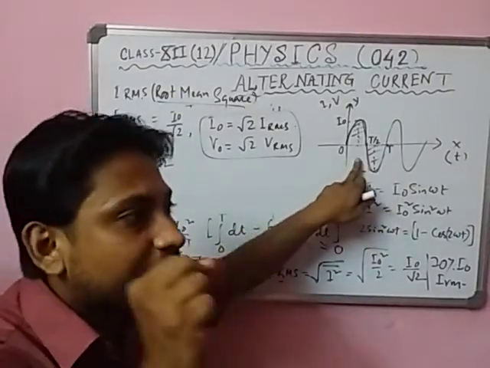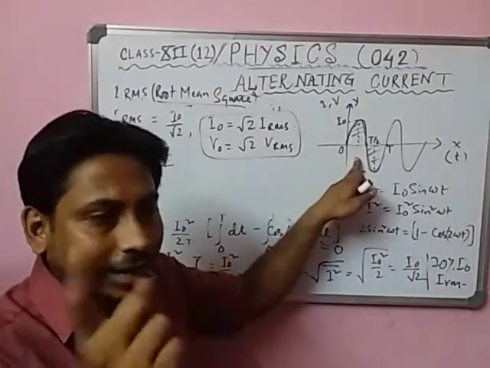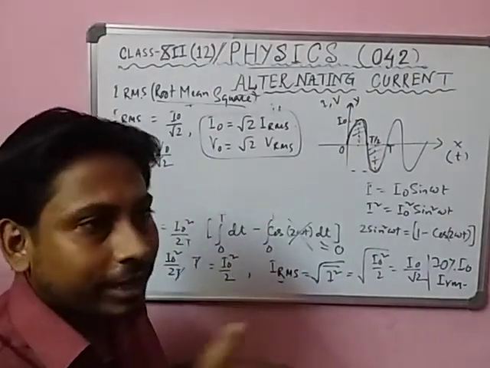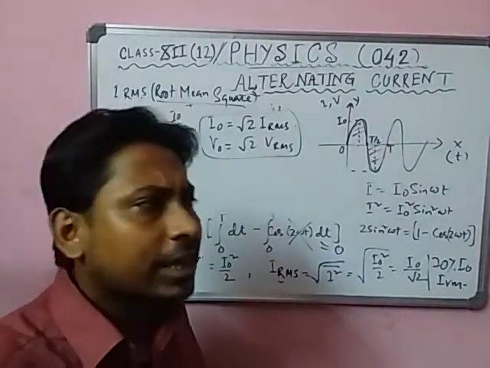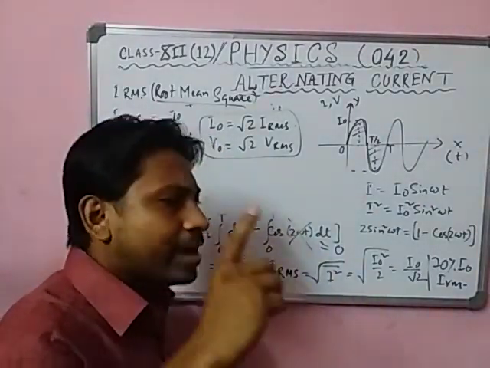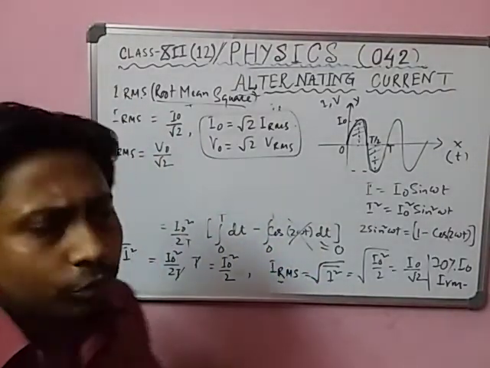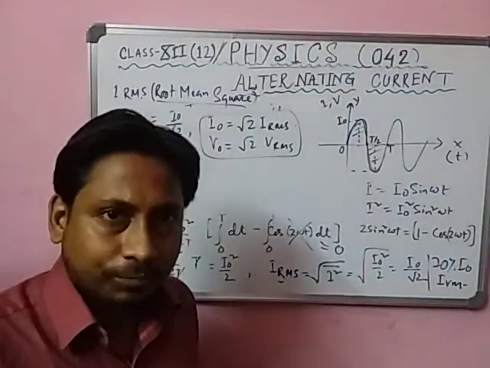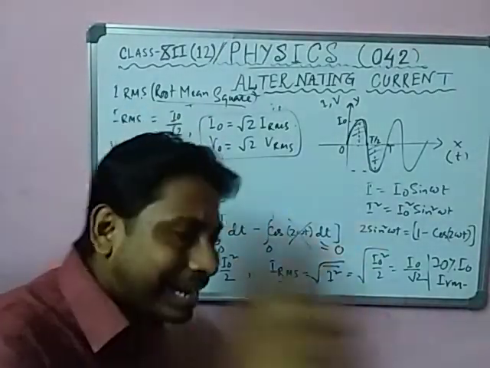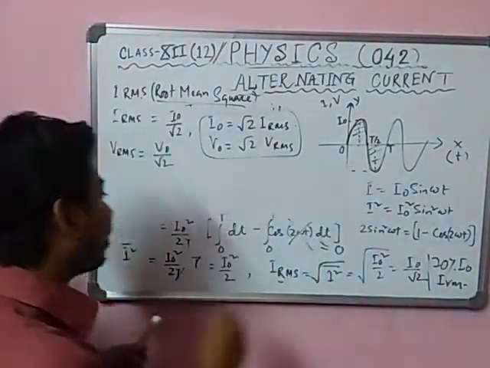For AC there are 50 times plus and 50 times minus, so the needle of the galvanometer keeps fluctuating, and due to inertia the needle will get fixed and will not show any value. So for that purpose, we have to use another type of ammeter and voltmeter for AC, and they use the principle of power consumption.